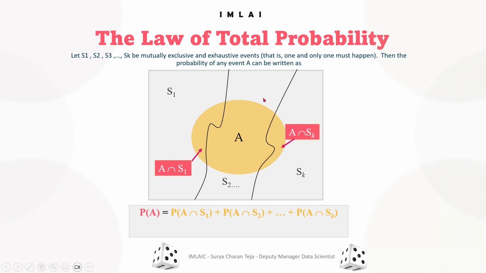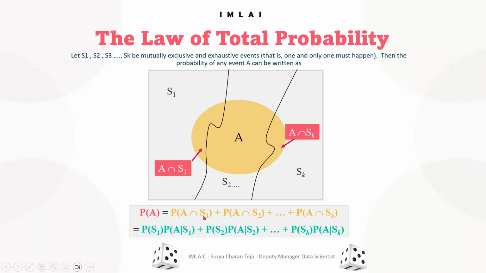Now the probability can be calculated using probability of A intersection S1, probability of A intersection S2, plus probability of A intersection Sk.